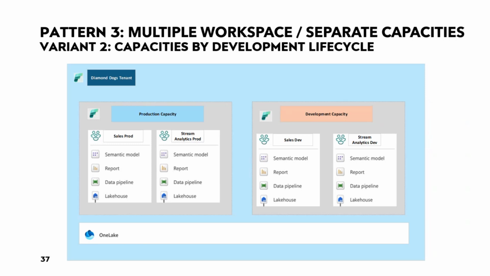So you have more control over the capacity units per need. Development may not need as large. You might be able to get away with an F2 or F8, one of the lower capacities that's needed there, and you just need developers in there. While production could get the full bang of an F64 and have all those awesome options that are available to it, and you can have it separated by that.